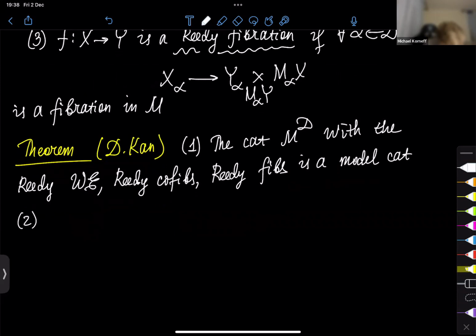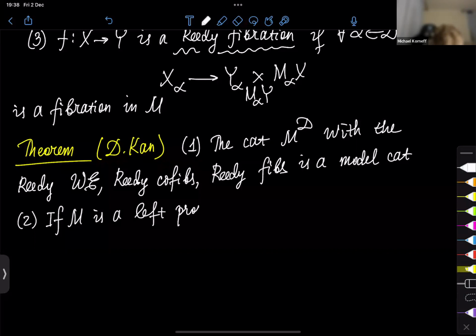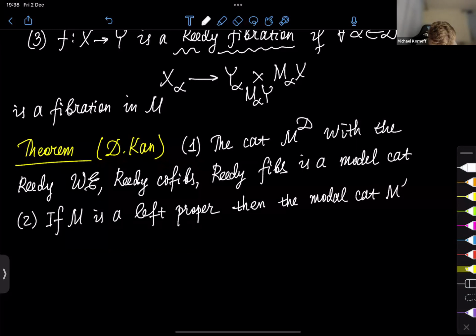And the second statement is that if M is left proper, it means that a pushout of a weak equivalence along a cofibration is again a weak equivalence, then the model category of diagrams is also a left proper model category.